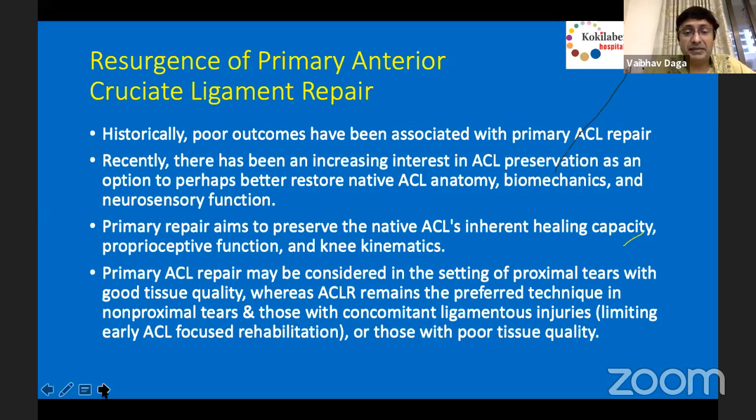Primary ACL repair may be considered in the setting of proximal tears with good tissue quality, whereas ACLR remains the preferred technique in non-proximal tears, those with concomitant ligament injuries limiting early ACL focused rehabilitation, or those with poor tissue quality.